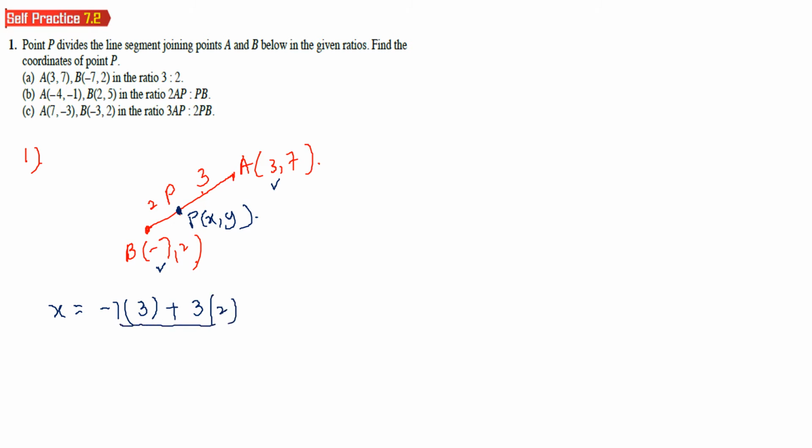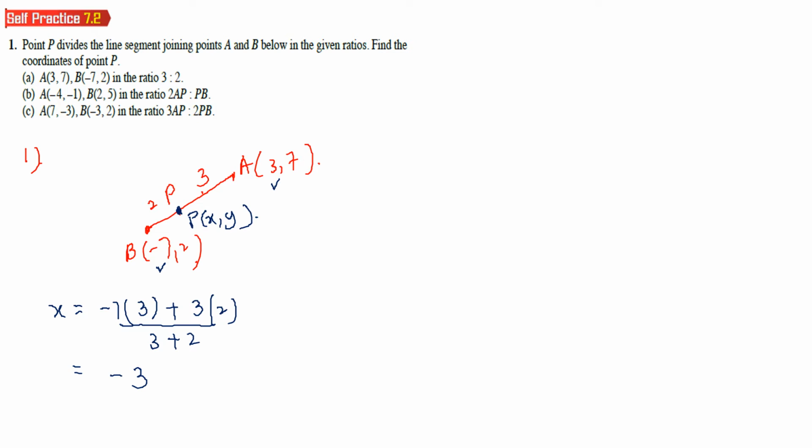So divide by 2 plus 3 or 3 plus 2, whichever will give us the same answer. Negative 21 plus 6, so you will get negative 15 over 5. You get negative 3 for your X.